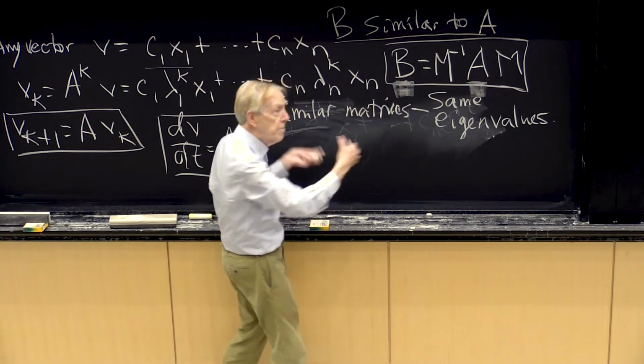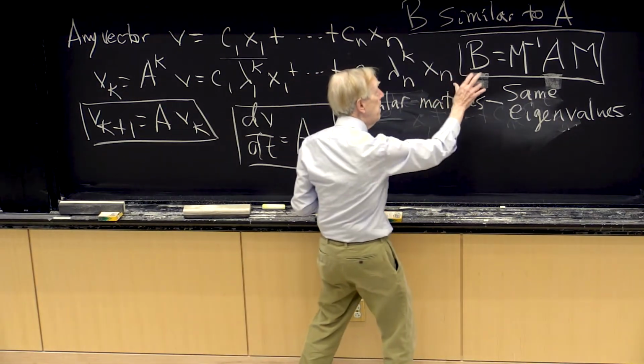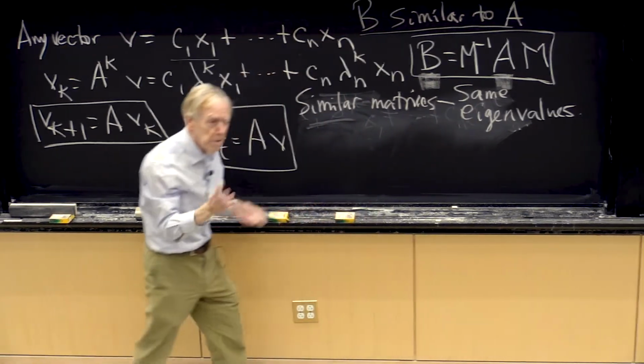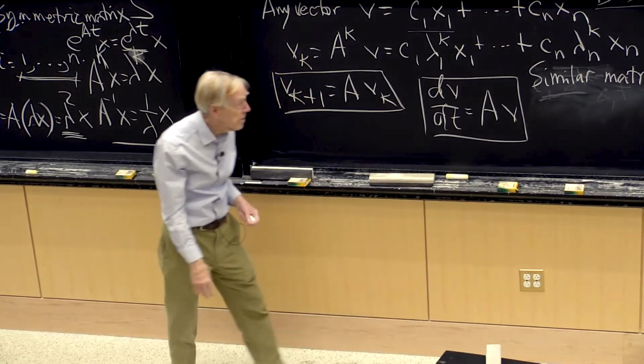If I take B and do a different M2 to B, so I get something similar to B, then that's also similar to A. I've got a whole family of similar things there.